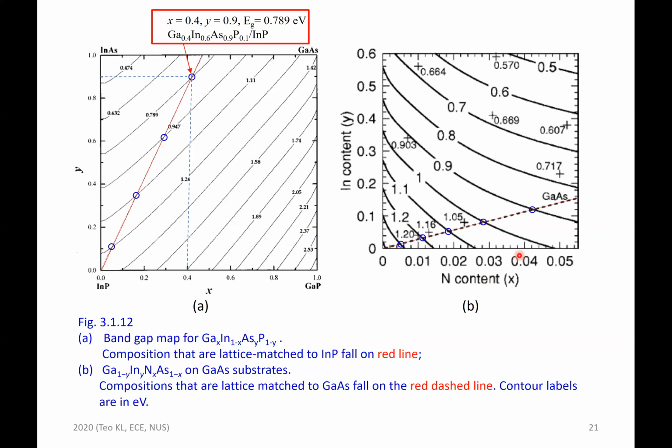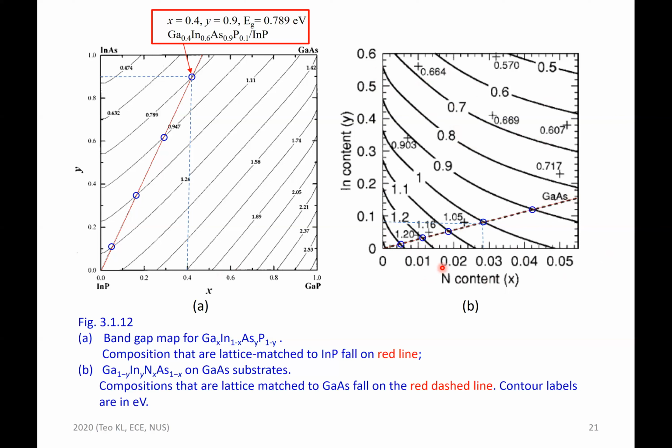It depends on the desired outcome that you wish to grow the material. This straight line again is the lattice match to gallium arsenide. Again, the contour lines are the band gap energy of the alloy itself.